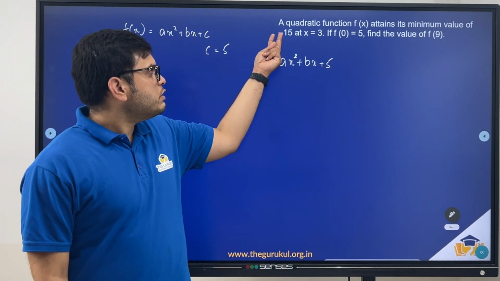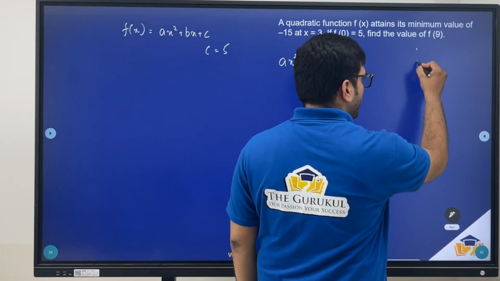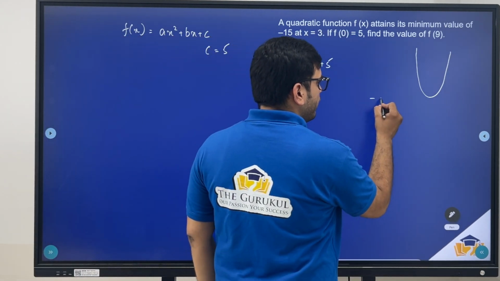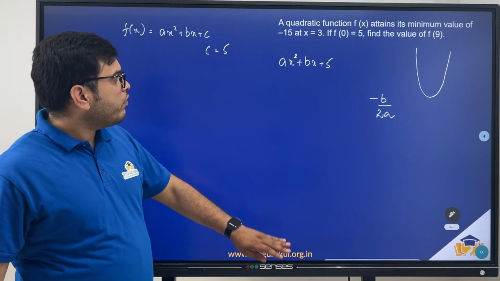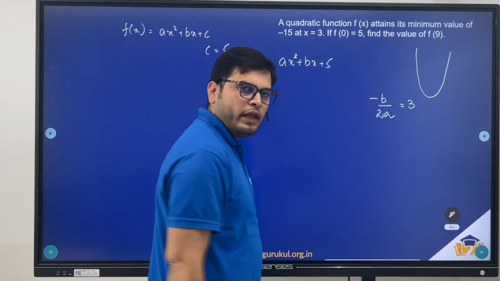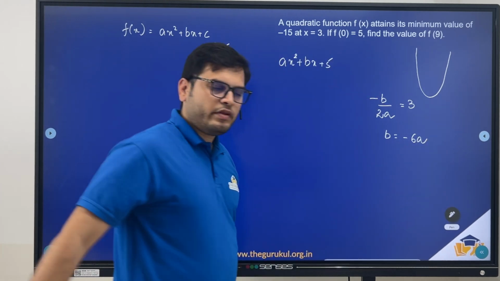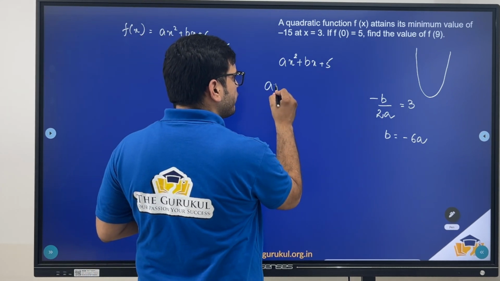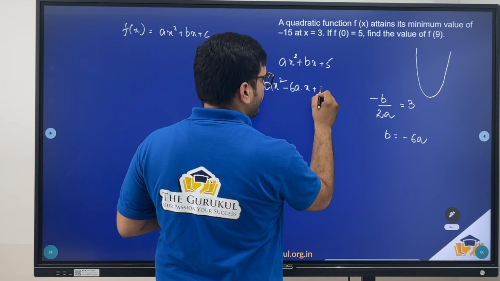And this attains minimum value of minus 15 at x is equal to 3. So this should be an upward facing parabola attaining its minimum value when x is equal to minus b by 2a. So we have minus b by 2a is equal to 3, or b is equal to minus 6a, right? And this becomes ax square minus 6a into x plus 5.